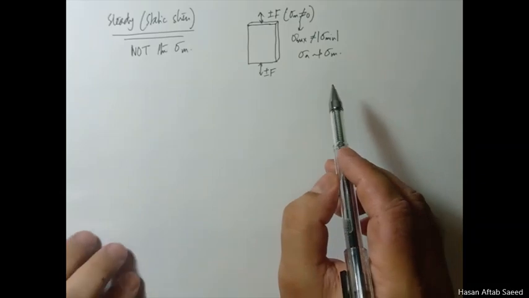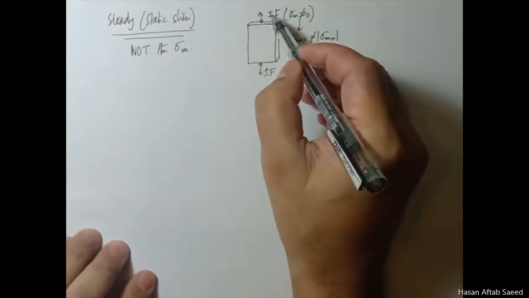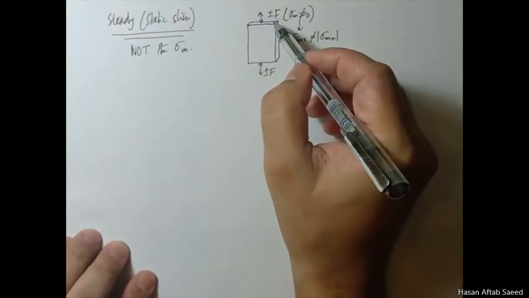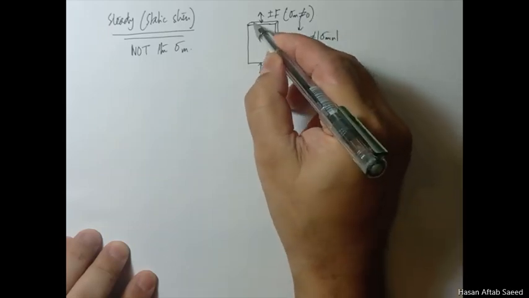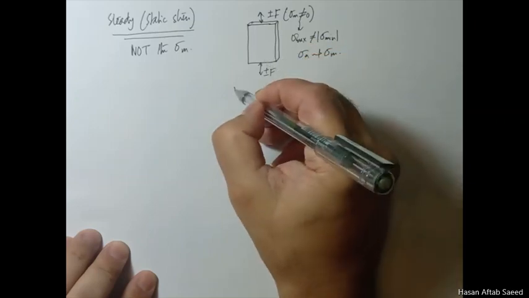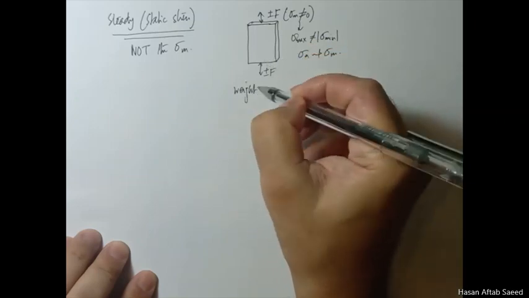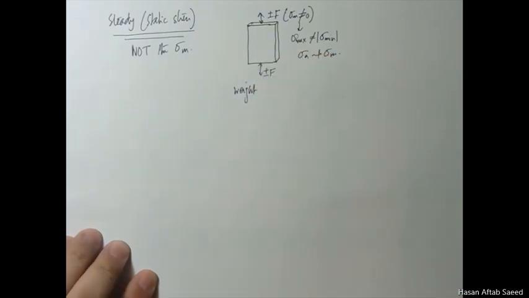Now what if, in addition to this fluctuating load which is applied, you also have some weight? Obviously this plate has some weight, and it will always be there.